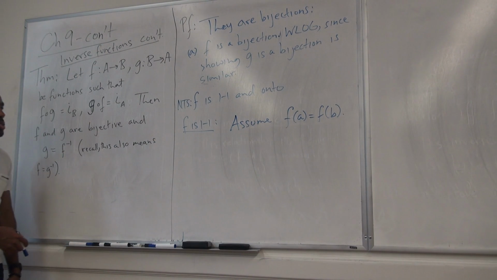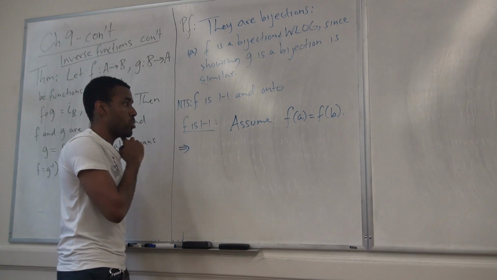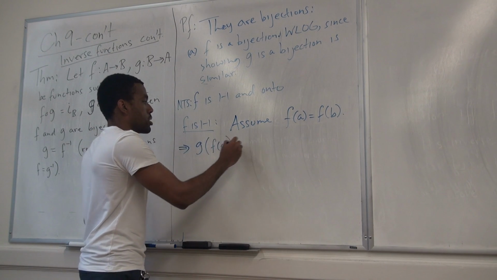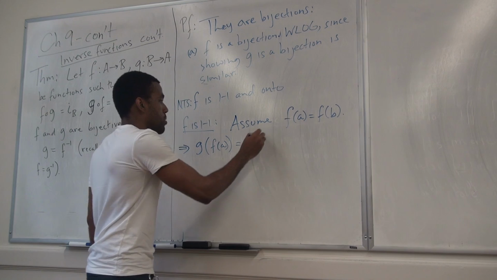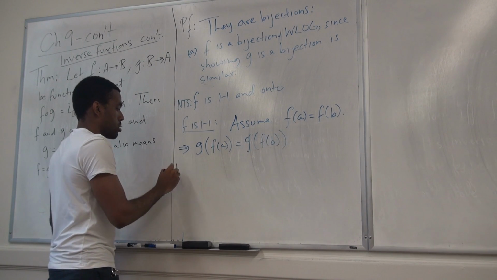How do I get that a equals b? Use the composition. So if F of a equals F of b, what can I say then? G of F of a must be equal to G of F of b. But what do I know about G of F of a?